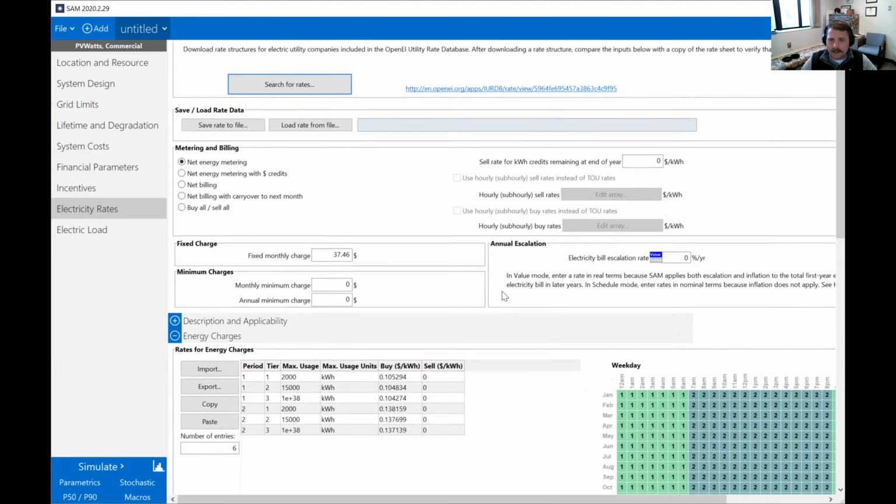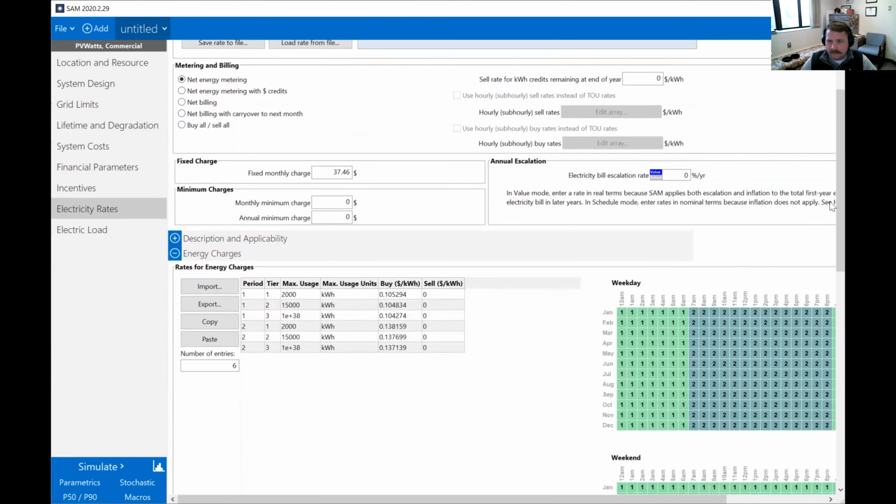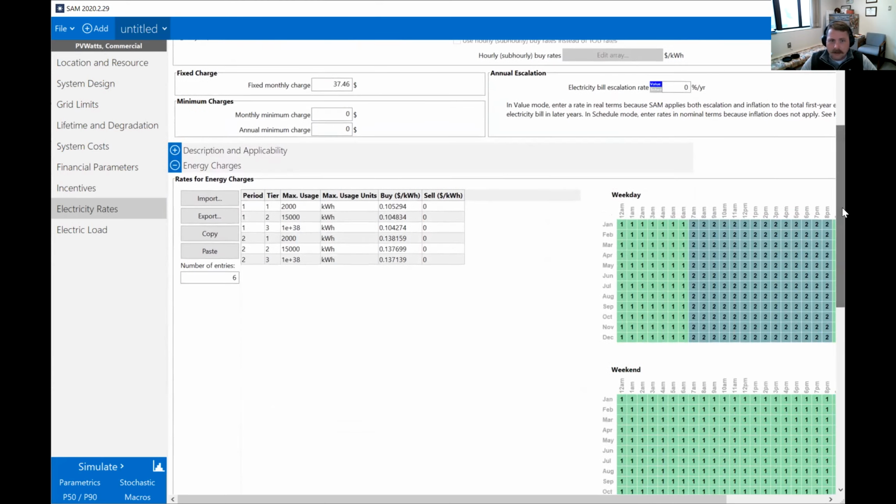Now I'm going to look at that rate schedule and see if it makes sense to me. What I have is a 2-period, 3-tier rate structure. Those 2 periods are simply night and day. Period 1 is at night, period 2 is during the day. On weekends, it's all just period 1.